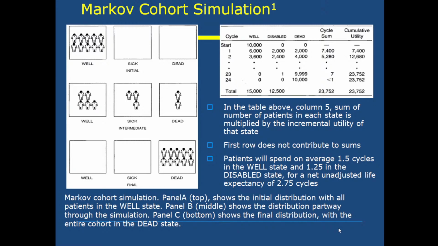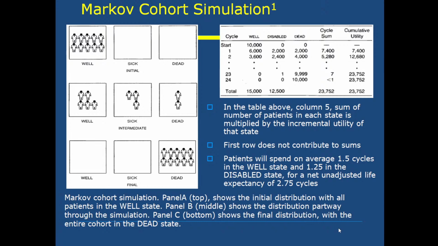Panel A, top, shows the initial distribution with all patients in the well state. Panel B, the middle level, shows the distribution partway through the simulation. So all the patients are divided into three different groups.